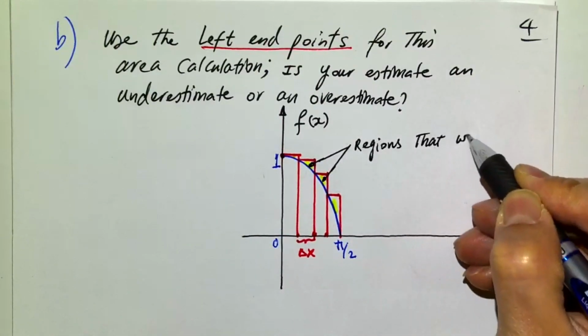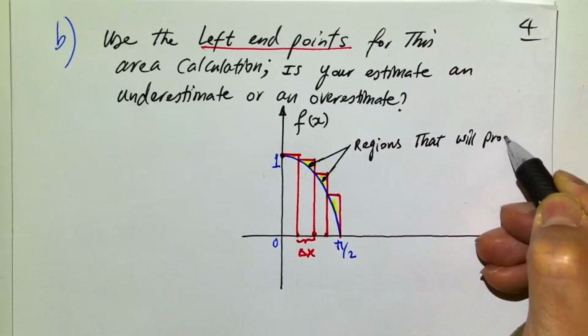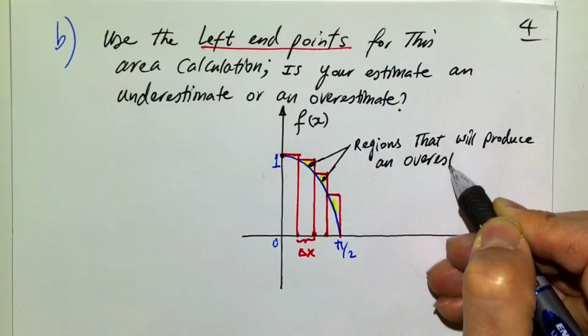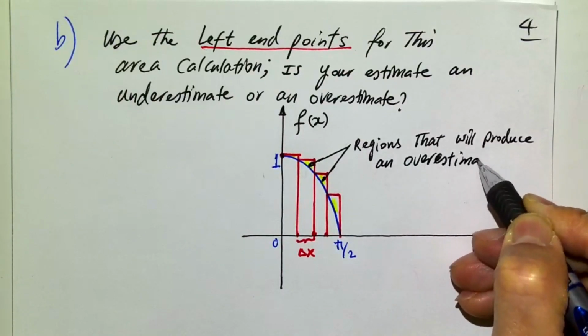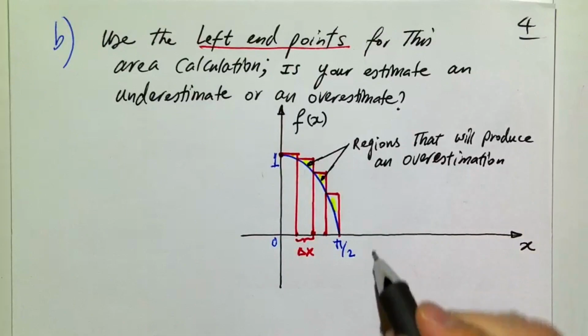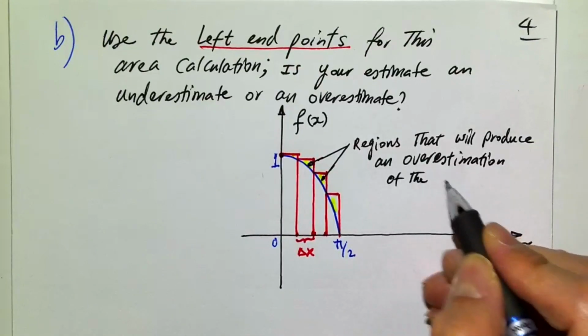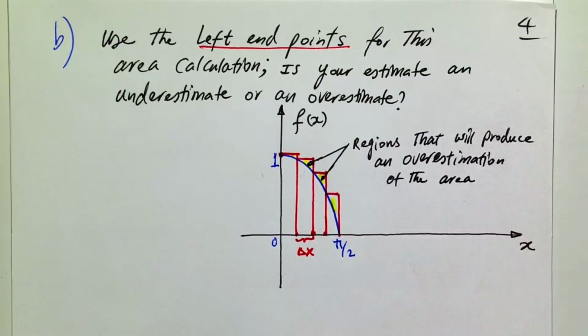We already know whatever number we get, it's going to be an overestimation of the area.